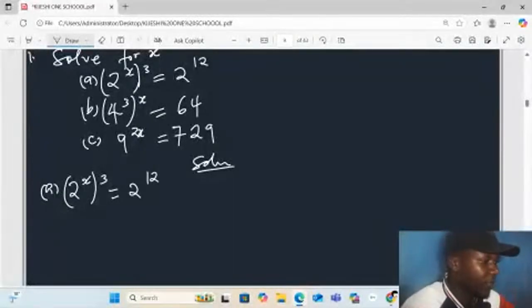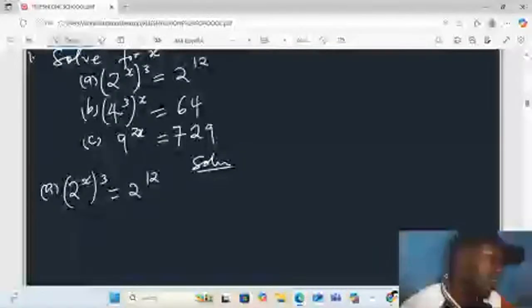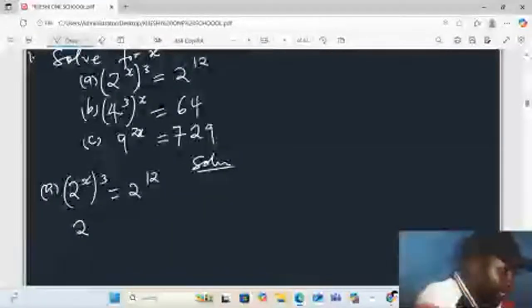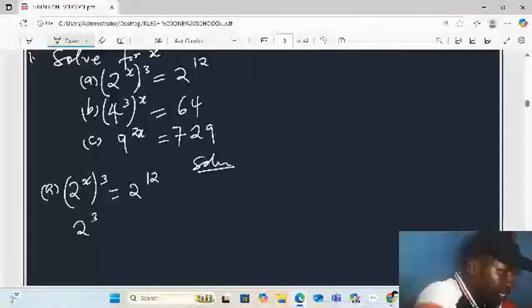Now as you can see, using the third law, we can solve the first part, and it will give us 2. Now we multiply the power x times 3, you get 3x will be equal to 2 power 12.